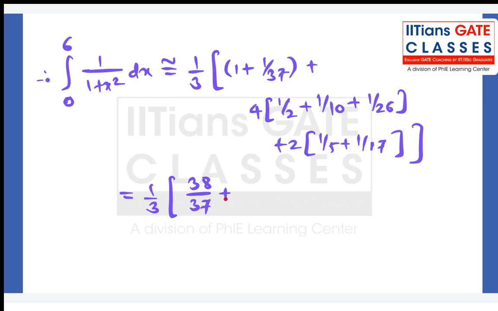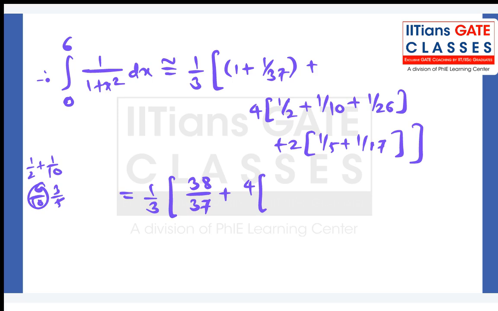Let's do it this way, because doing this fraction addition is also a pain. 1 by 2 plus 1 by 10, that will be 6 by 10, that is 3 by 5.